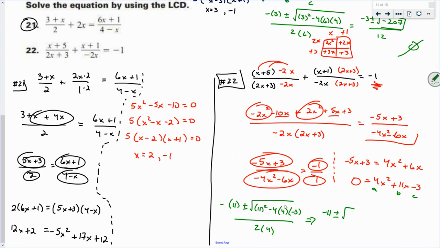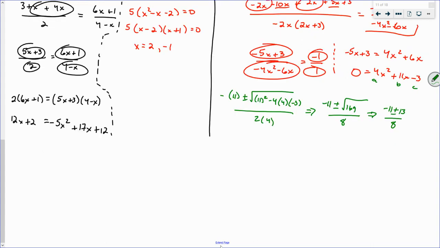Negative 11 plus or minus the square root, 169, over 8, which goes to, I think, 13. So from there, chasing this thing all the way out, negative 11 plus 13 over 8 is 2 over 8, which is 1 over 4.